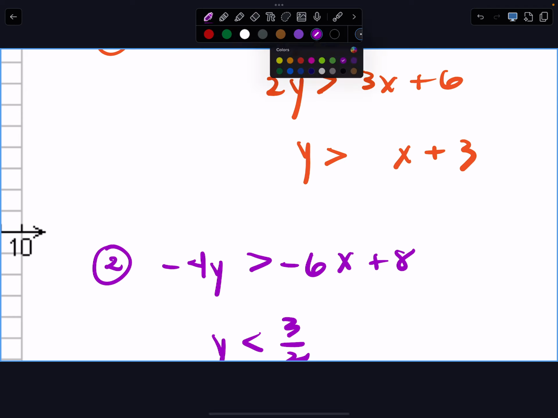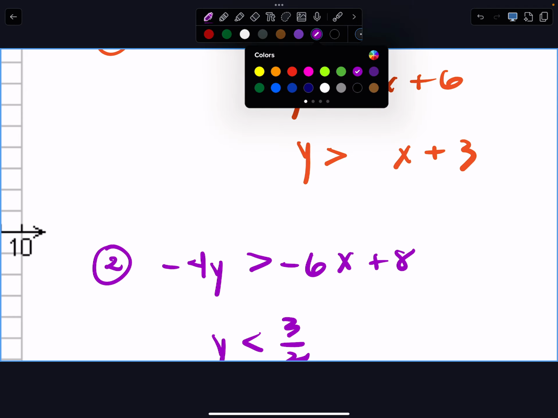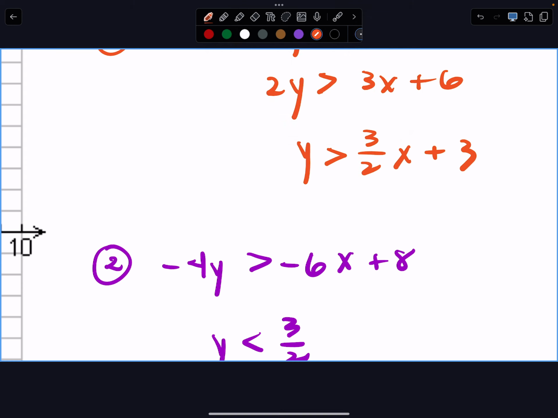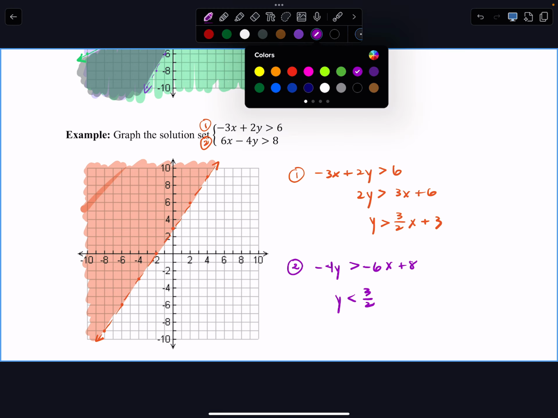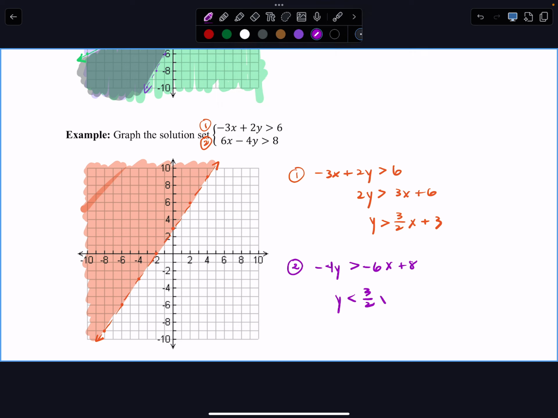Why do you shade like that? I don't know. Let me see. Wait, no, I messed up. Oh, it's okay. I graphed it still correctly. You should scribble it through.